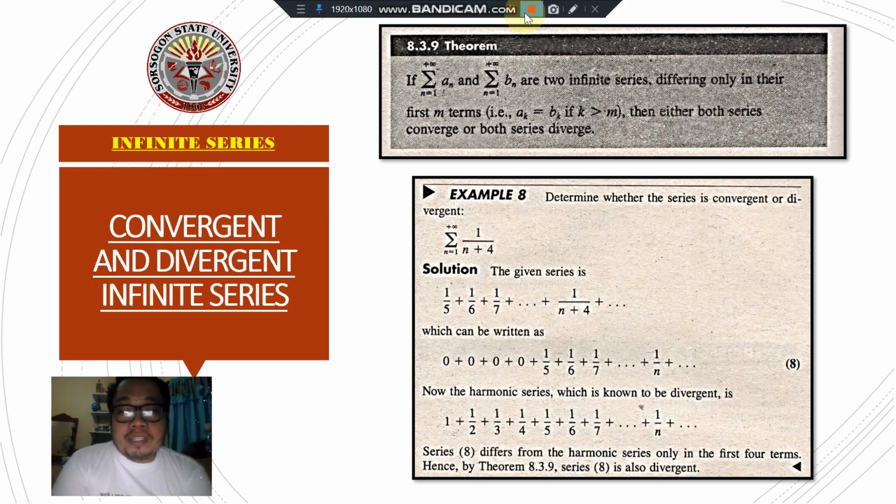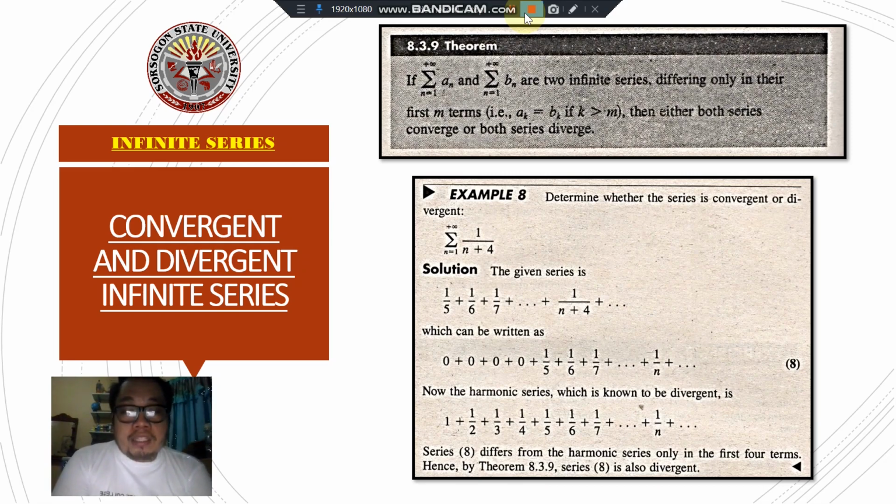So we have here the first four terms. We use zeros as the first four terms. Given the infinite series 1 over n plus 4, that is similar to the harmonic series, in which the first four terms are 1 up to 1/4, and we have 1/5 up to infinity, which is similar to the given series.